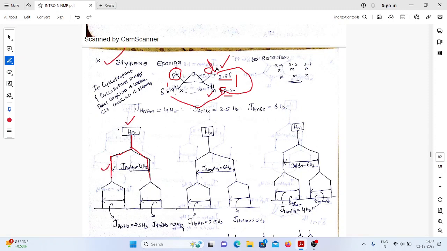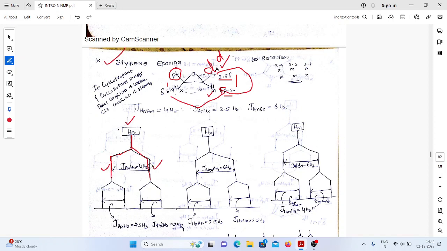This is one line, this is one line. Doublet. Now, what happens? The HA is going to couple with HX. So HX will give another doublet. Already one doublet is there, two lines have already appeared in the spectra.